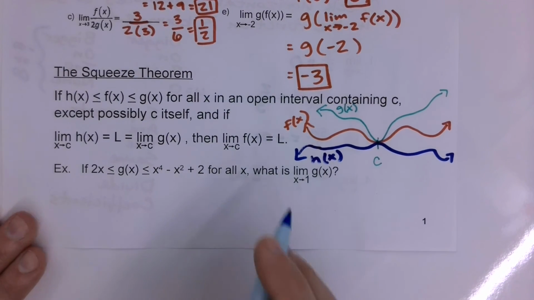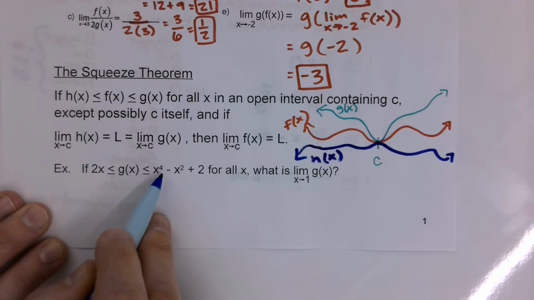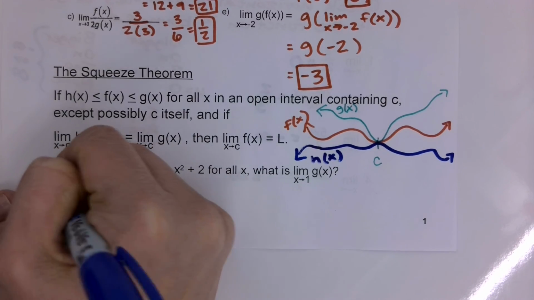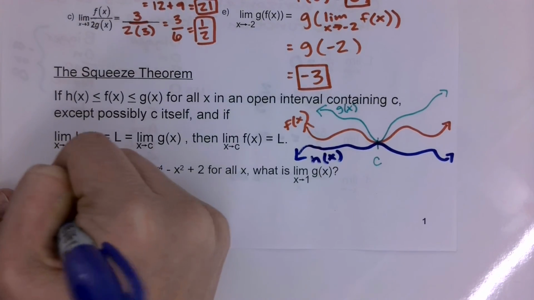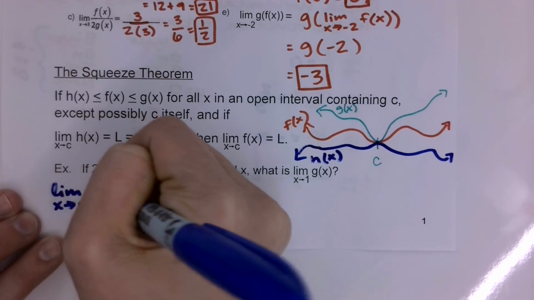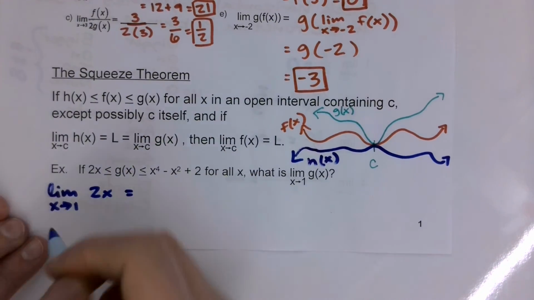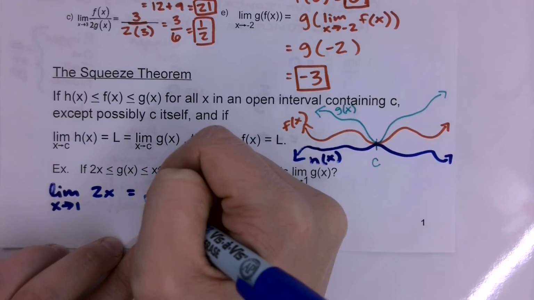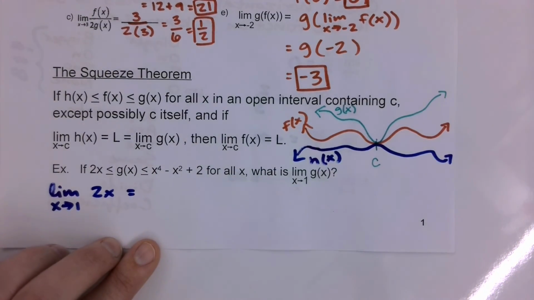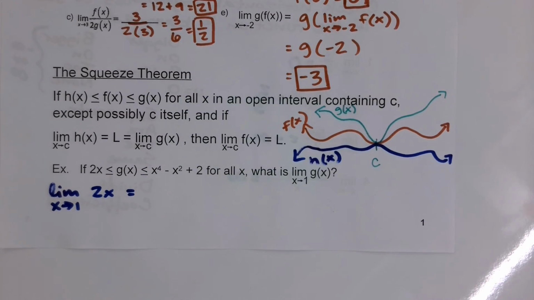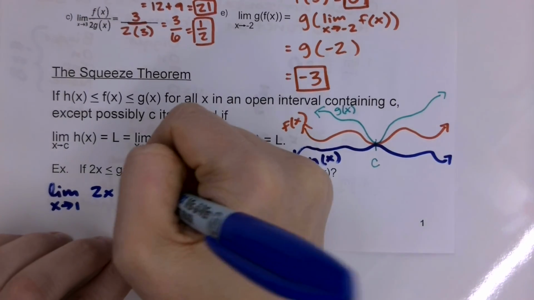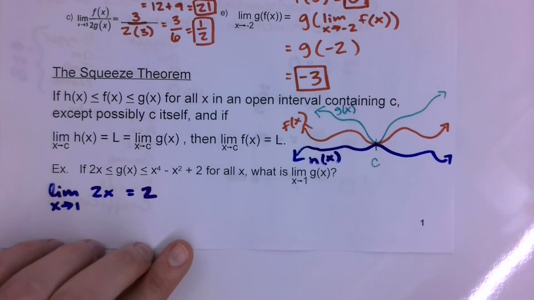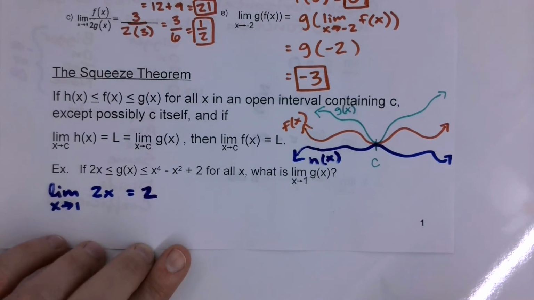So what we're going to do is look at the limits of the other two pieces. So we're going to look at the limit as x approaches 1 of 2x, which would be 2. Yeah, it would be 2. Like 2 times 1 is 2.